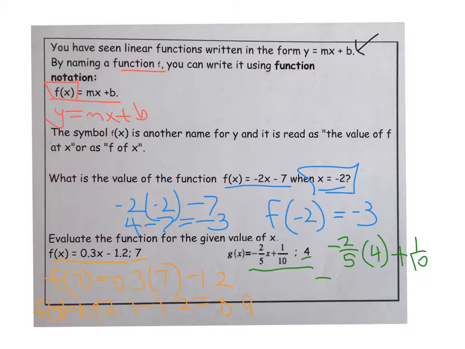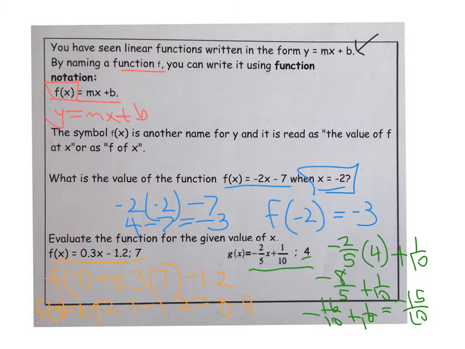When I do that, it's going to be -8/5 plus 1/10. If I find a common denominator, it's going to be -16/10 plus 1/10. So it's going to equal -15/10, because -16/10 plus 1/10 is -15/10.